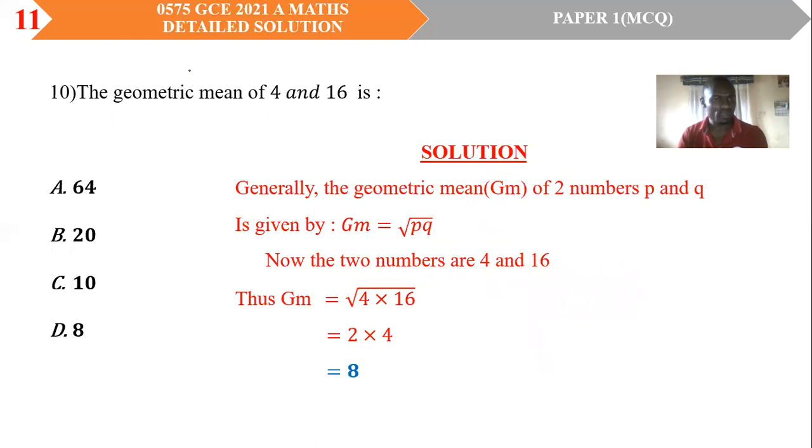Next question. The geometric mean of 4 and 16 is? Solution. Generally, the geometric mean GM of two numbers P and Q is given by GM equals the square root of the product P times Q. And as a remark, when you are looking for the geometric mean, know that if the geometric mean of 4 and 16 is to be x, when you place x in between 4 and 16, the three terms must form consecutive terms of a geometric progression.